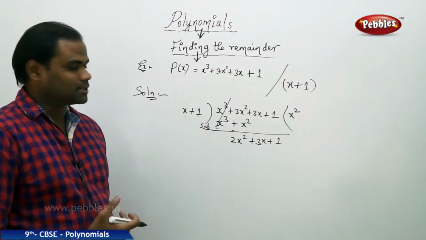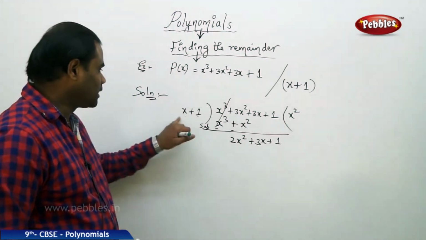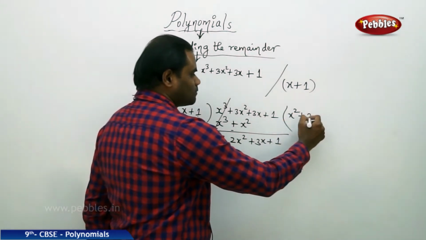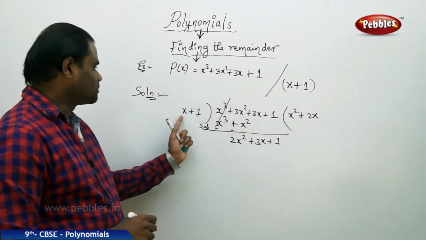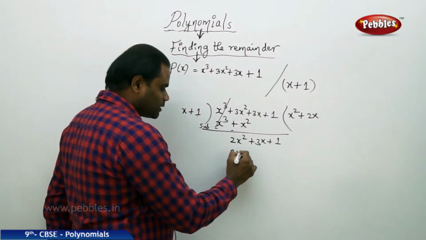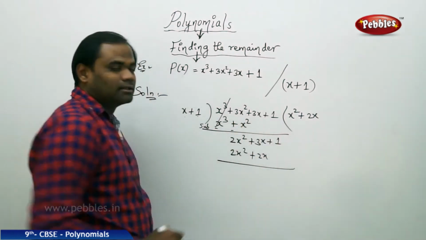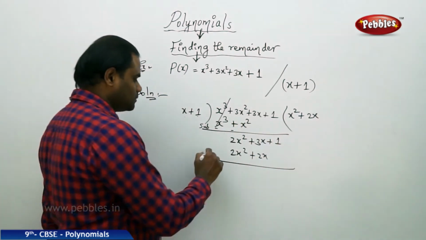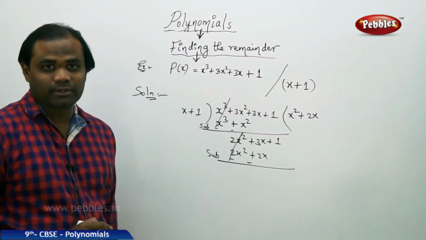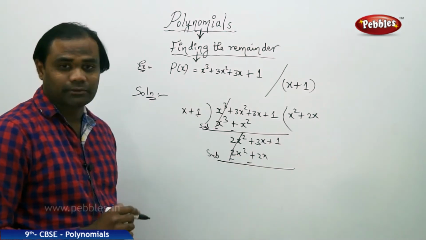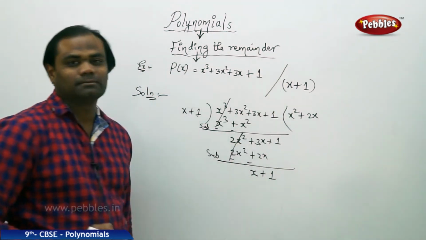Continuing in the same process, I have 2x squared, which can be satisfied by multiplying x with 2x. So the quotient gets added up with 2x, which when multiplied with x gives me 2x squared plus 2x. And then on further subtraction with change of sign, 2x squared and 2x squared get cancelled, and 3x minus 2x is x plus 1.